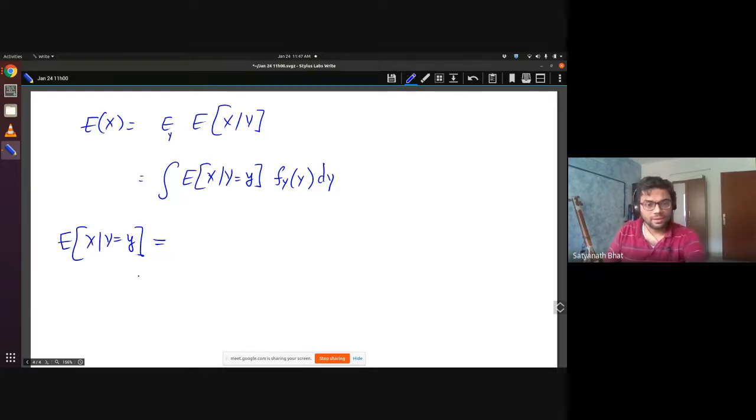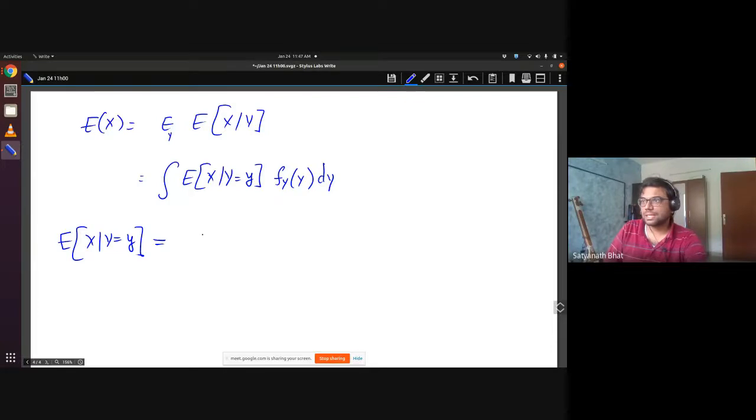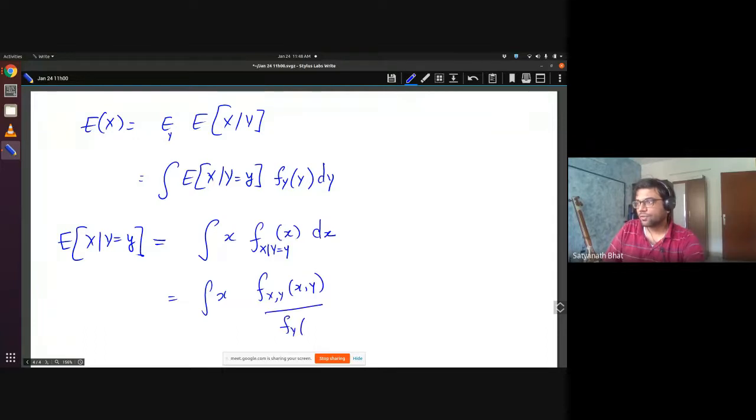Can someone tell me? X. X is random. So I will be integrating x with respect to the case where Y is equal to y, dx. And this, if you remember, is nothing but f_XY of x,y divided by f_Y of y.